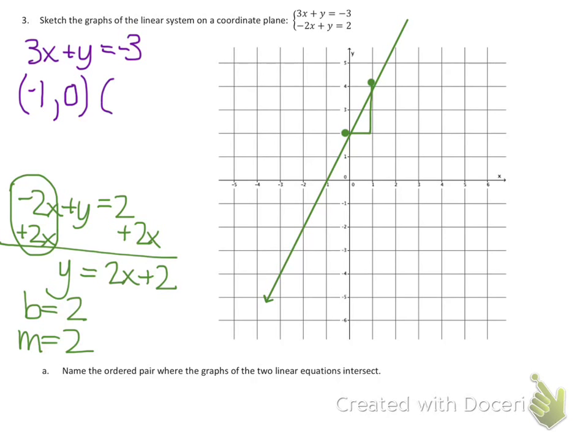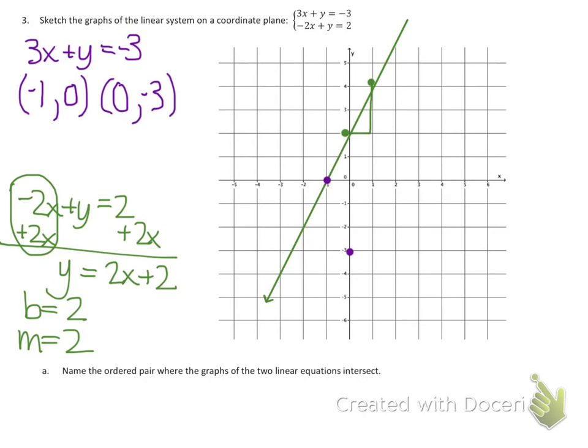And then the other point would be my y-intercept. So when x is 0, if I put in 0 for x, this term drops out, and I get y equals negative 3. So let's graph those 2 points, and that will give us our line. So negative 1, 0. Oh, I think I see our point of intersection right now, too. Negative 1, 0 is right there. And 0, negative 3 is right there.